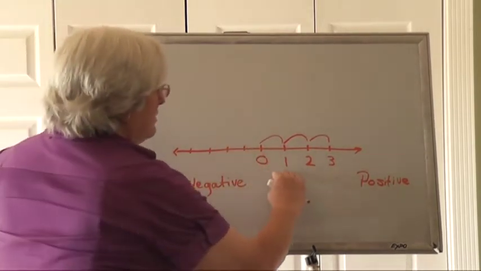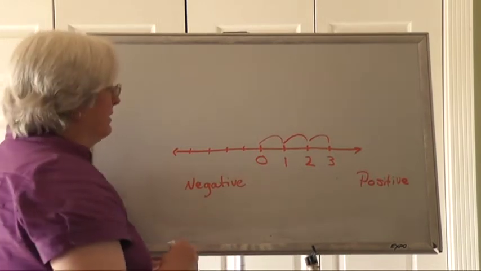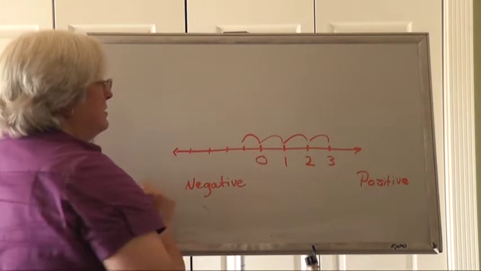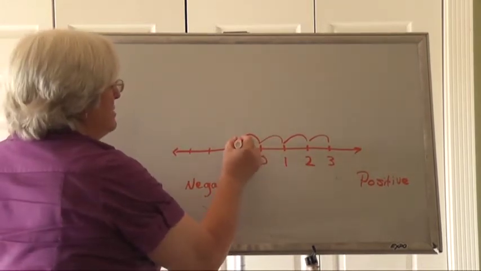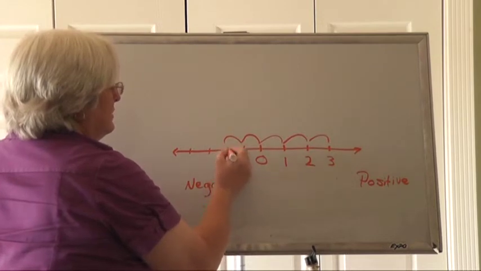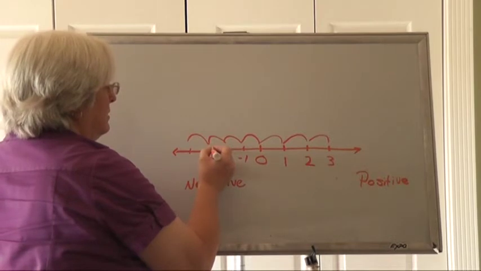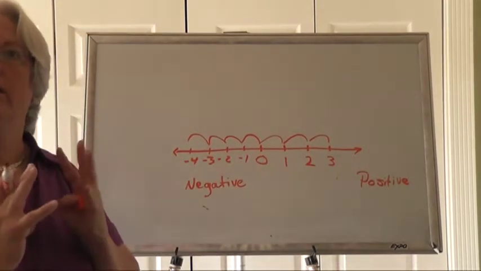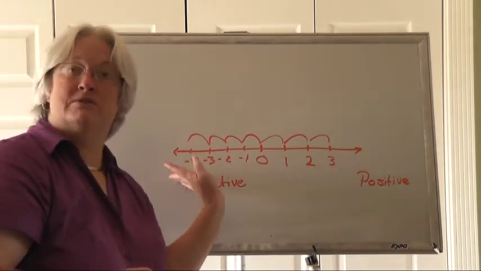And you notice that we're increasing in a positive direction as we go to the right on the number line. Similarly, 1 space from 0 on the number line to the left is -1, -2, -3, -4, and so forth.